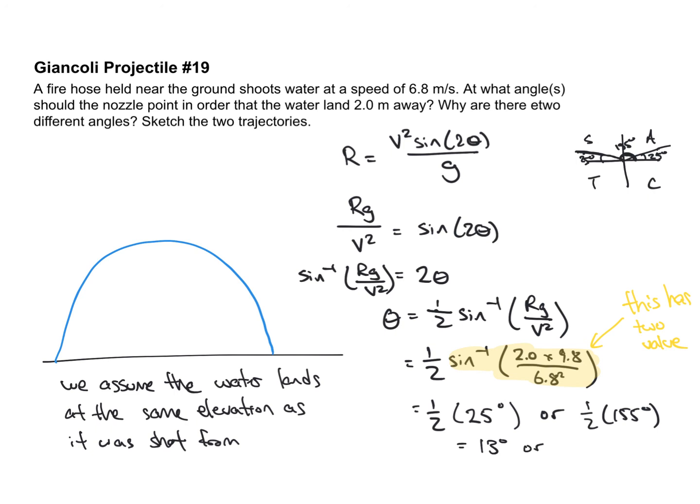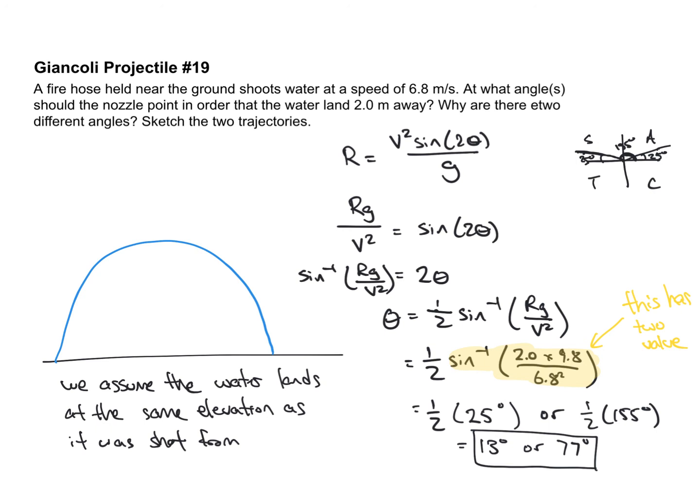And half of 155 is going to be 78, or, well, they should add up to 90, so I'm going to go with 77. I should have been a bit more careful in terms of not rounding too soon, but I think it ends up being 13 and 77 degrees.